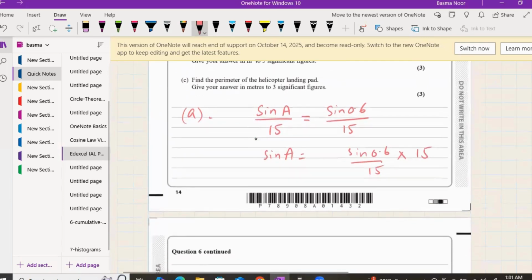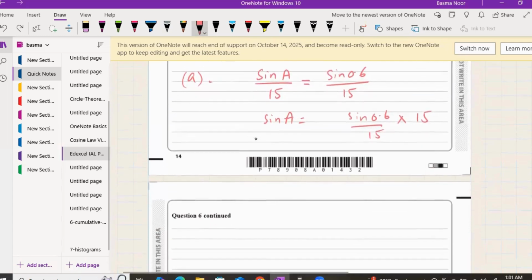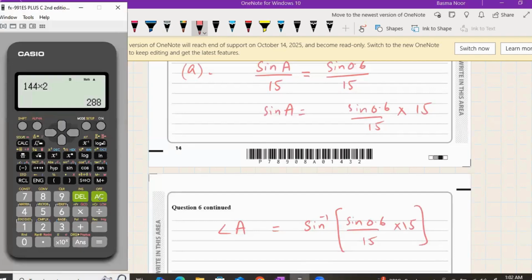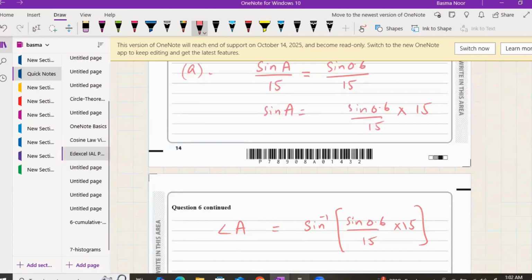Since you want to find the angle A, which is inside the sine, you move the sine to the other side as well. That makes angle A stay here, and the sine on the other side becomes sine inverse of this whole thing, which is sine of 0.6 over 15 times 15. We're going to do it on the calculator. You can simply put the whole thing in the calculator.